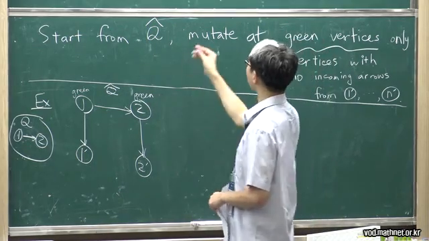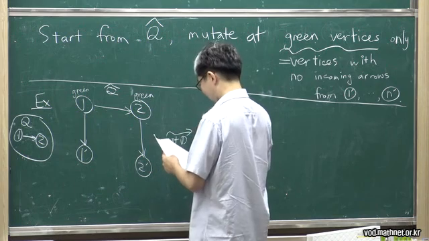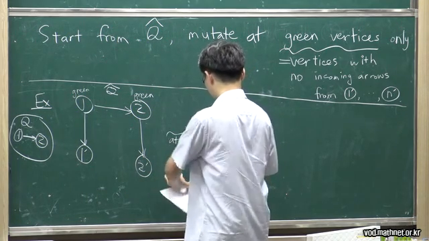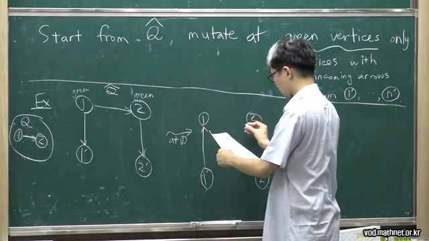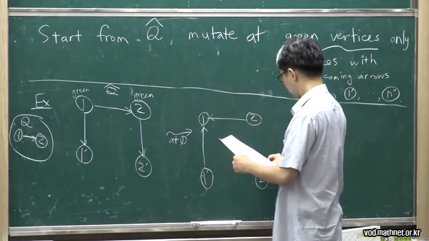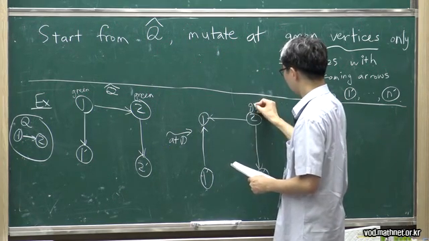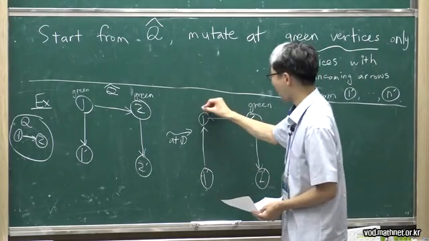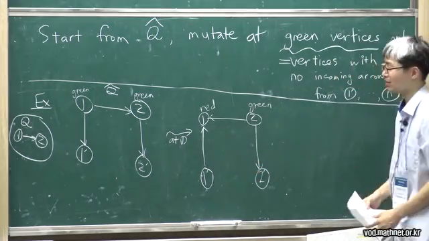Did I erase that? Okay, I will repeat. Now this is green. If it's not green, then let's just call it red. There is an incoming arrow from 1', so it's not green.